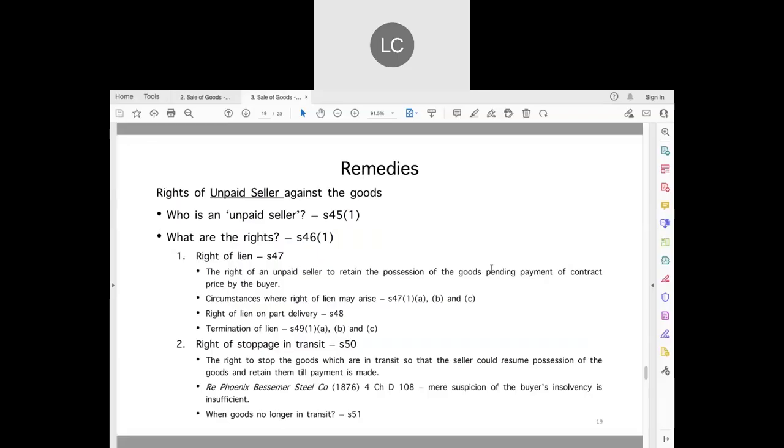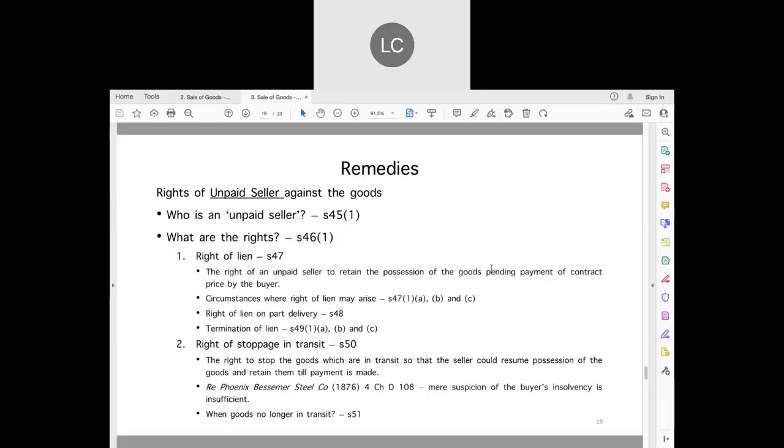Paragraph A says that when he delivers the goods to a carrier or other bailee for the purpose of transmission to the buyer without reserving the right of disposal of the goods. So under paragraph A, delivery to a carrier normally ends the seller's lien, because we say that the carrier is the agent of the buyer, unless it can be shown that the carrier is the seller's agent.